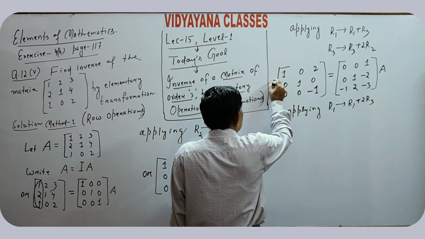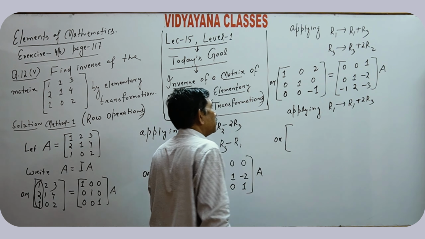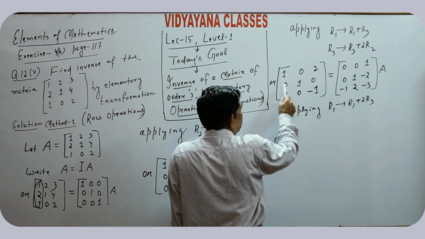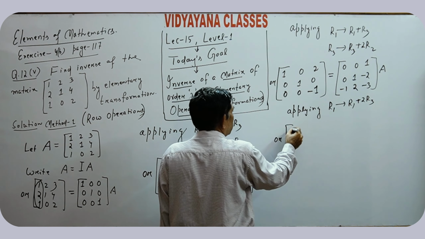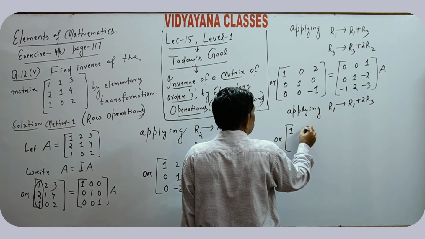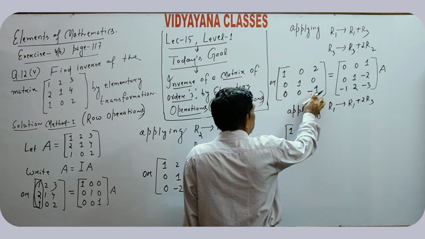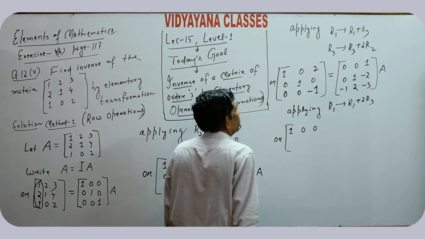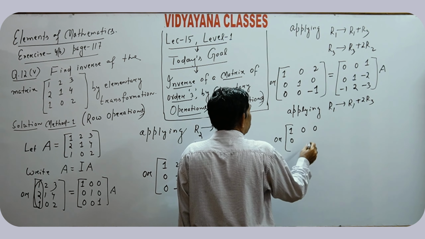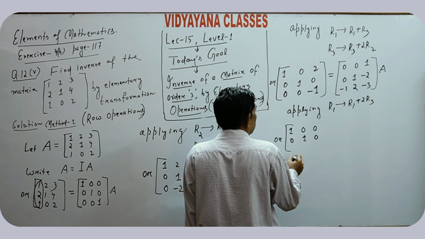It gives 1, 2 times row 3, that is equal to 1. 0 plus 2 times 0 is equal to 0. 2 plus 2 times row 3, that is equal to 0. There is no change of row 2 and row 3.